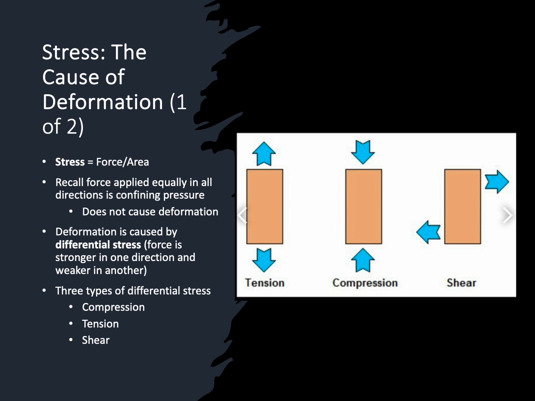And we're going to see that there are three types of differential stress that cause deformation or change. And these are compression, where we're squeezing in from two sides. It can be from tension, where we're pulling it away in two directions, or from shear, where we're trying to move it in two different directions horizontally.